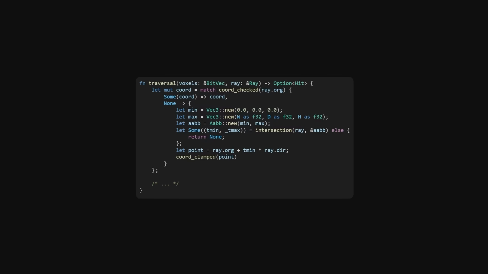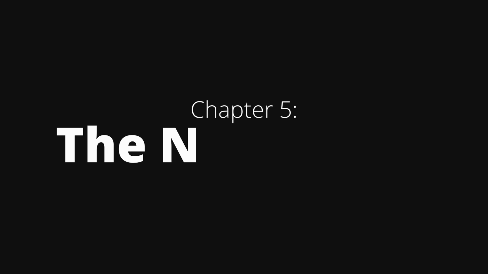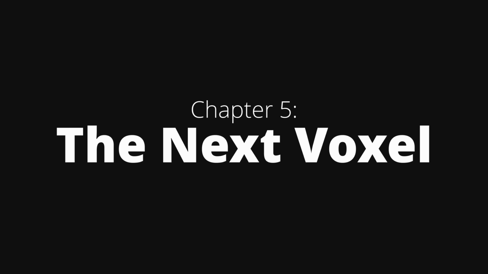Now that we know how to get the first voxel that the ray intersects with, the only thing we need for a complete voxel ray traversal algorithm is a way to get the next voxel, since then we can just do that in a loop until we hit a solid voxel or go out of bounds. So, given a ray, which we know intersects with a given voxel, how do we find the next voxel that the ray intersects with?